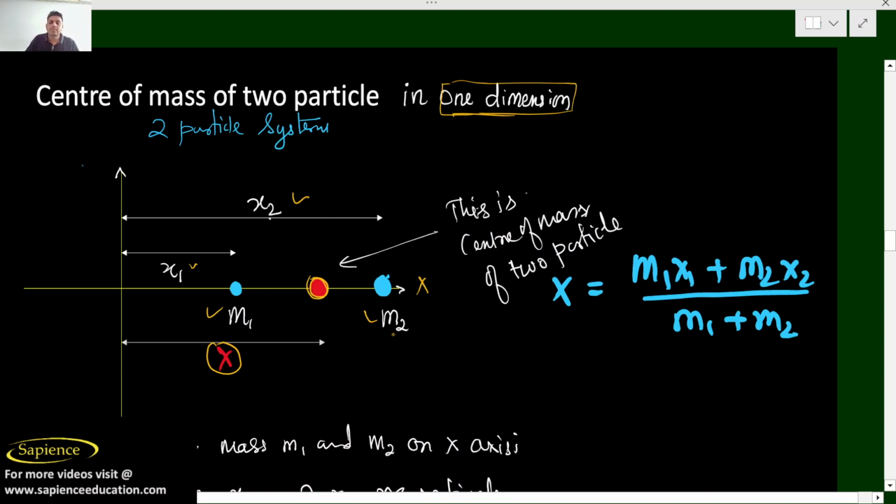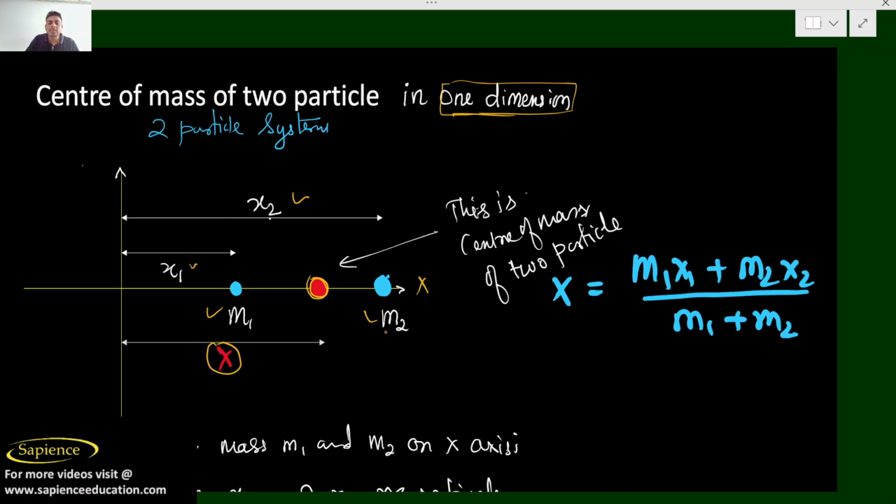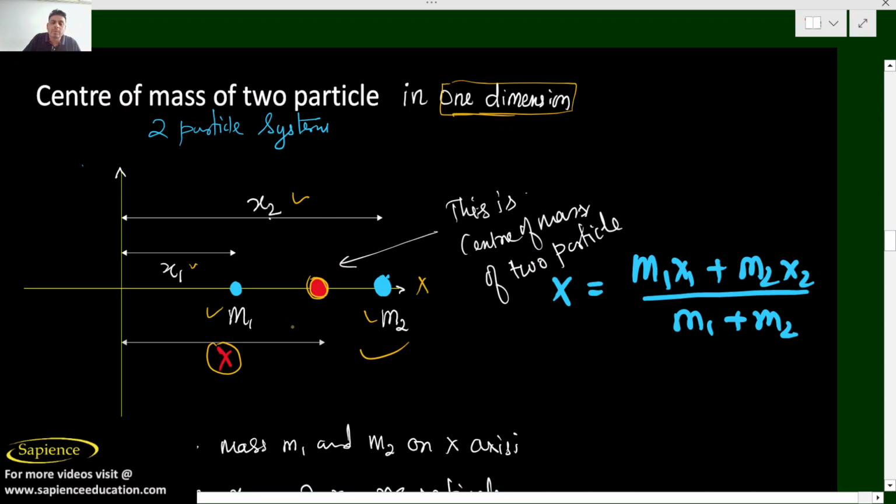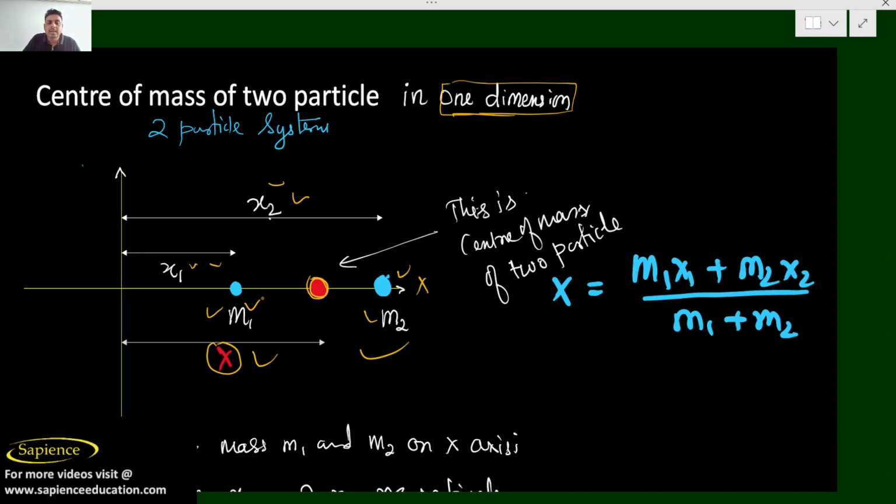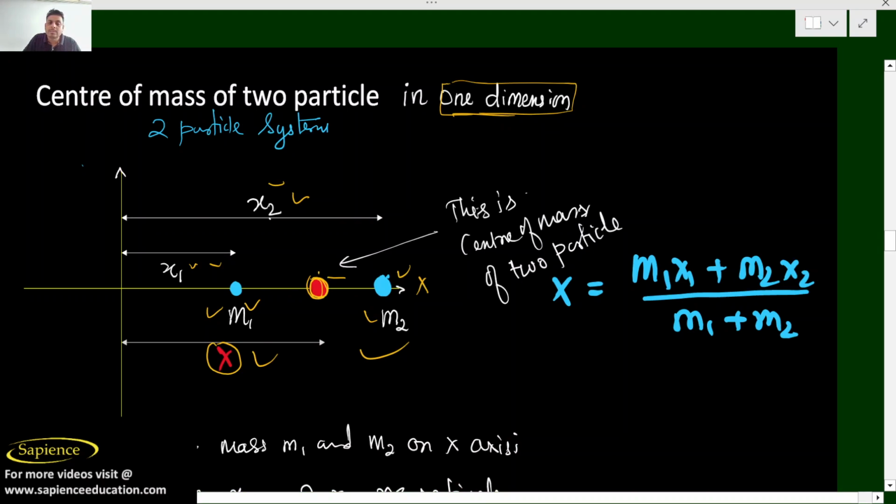The thing is that we always need to find the position of the center of mass. How will you find it? We don't know the value of x, but we know x1, x2, mass m1 and mass m2. Suppose mass m2 is very large compared to mass m1, then the center of mass will shift in this direction.